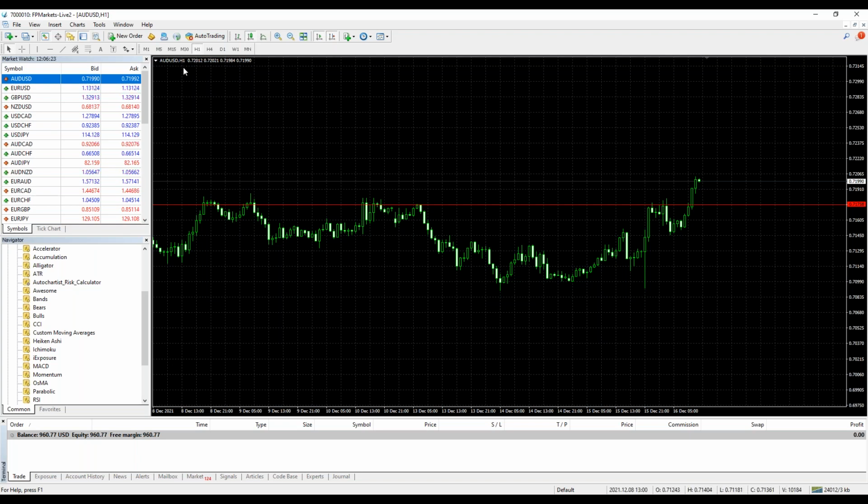For AUDUSD, this is really easy to calculate. It's $15 times 15 times 10, so it's $150. Or if it's a mini account like I have here, it's $1 a pip, which means that's $15 that I'm risking for this trade if this is where I set my stop loss.